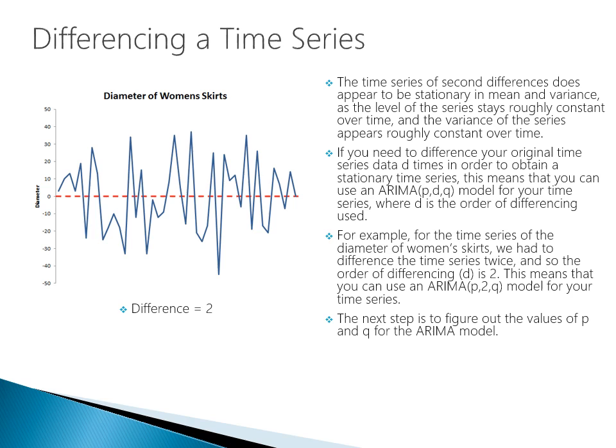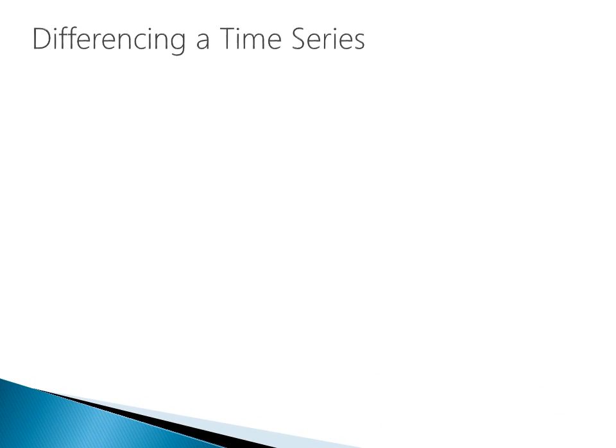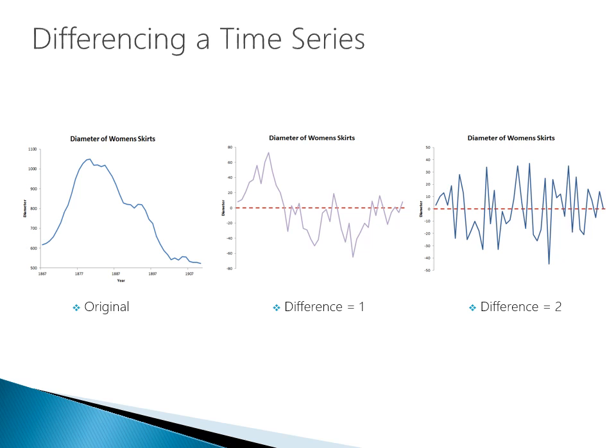The next step is for us to figure out the values of p and q for the ARIMA model. I want to just take a look at the differencing again. We see our original data set, then a differencing of 1 being applied and a difference of 2 being applied.